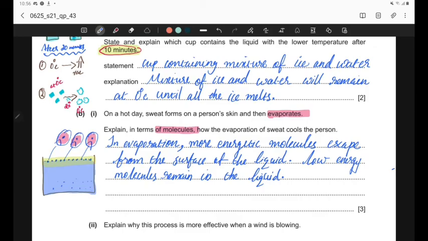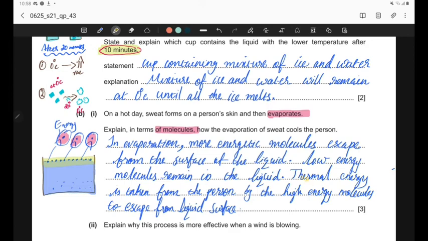Therefore their temperature or energy increased. That's why they could escape from the liquid surface. So for this process, these high energy molecules gain energy simply by taking thermal energy from the person's hand. So that is the point we can write next.